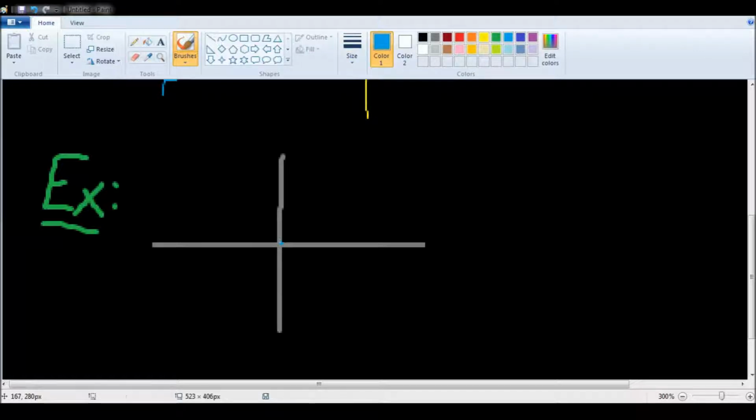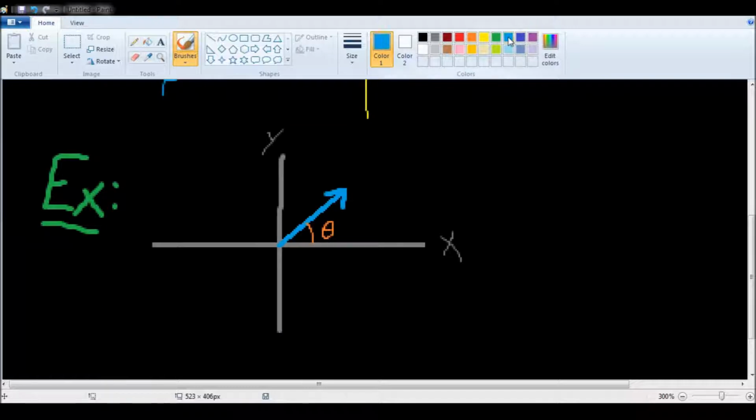Okay, let's say I have a force vector on here, just because forces are cool. So let's say I have a force on here, and it's pointing, let's call this at an angle theta. This is the x-axis, and this is the y-axis.